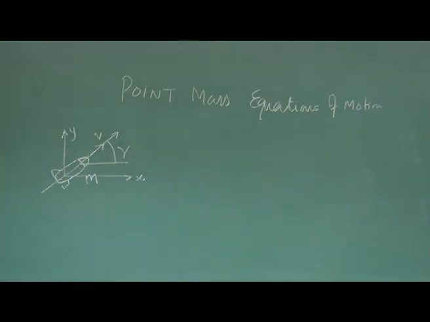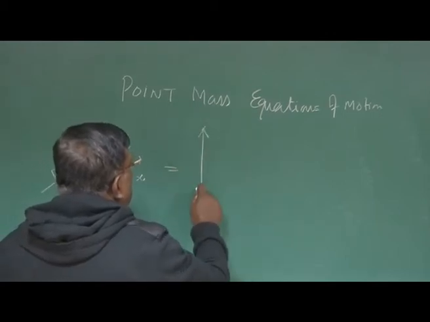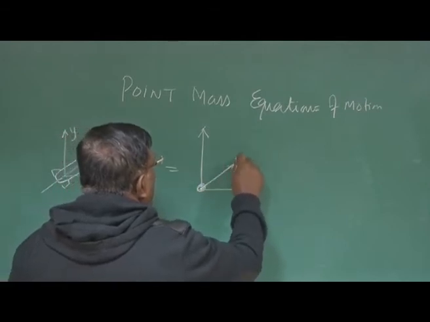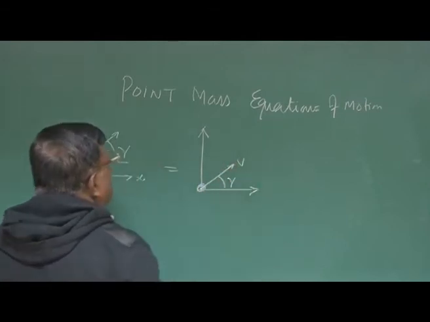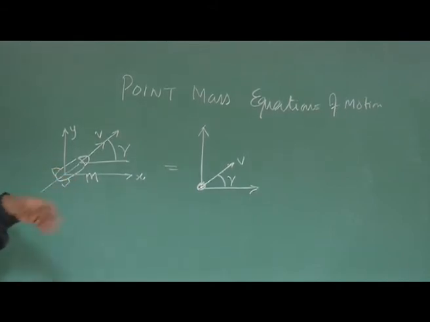When I say point mass, that means I can equivalently write this in this fashion, as if the whole mass is concentrated at the CG of the projectile. There is an implicit assumption that this is stable. If it's not stable, then we will not be able to solve the way we are doing it.